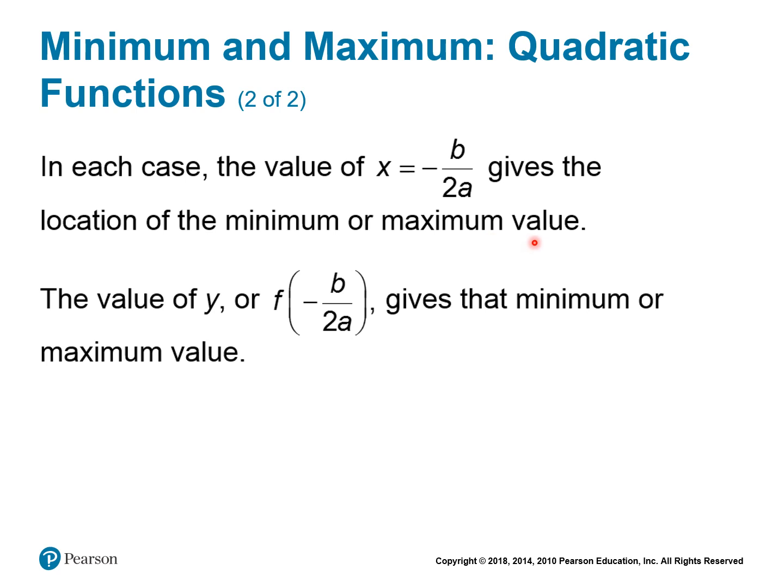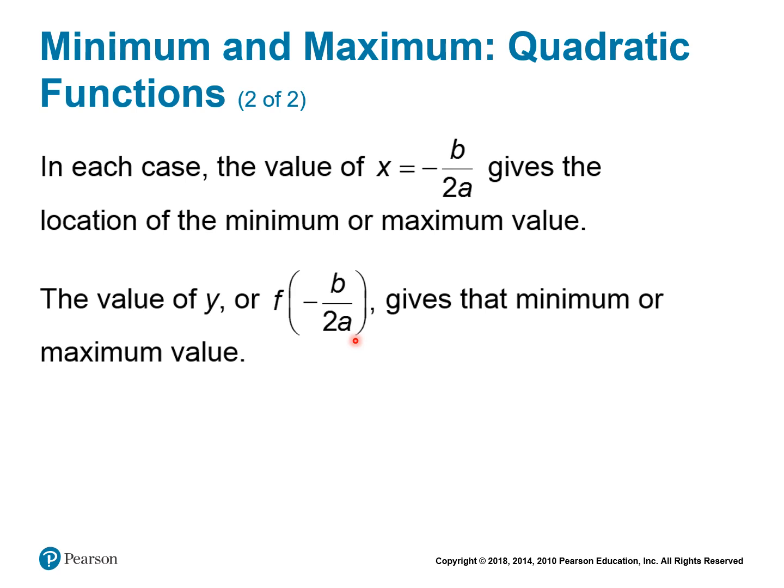So when they ask you, at what point is the maximum or the minimum value located, then you give the x coordinate of the vertex, which is equal to h, that is minus b over 2a. If the question is, what is the minimum or the maximum value, then you will give the y coordinate of the vertex, which is f of minus b over 2a, which also is represented by k, right?